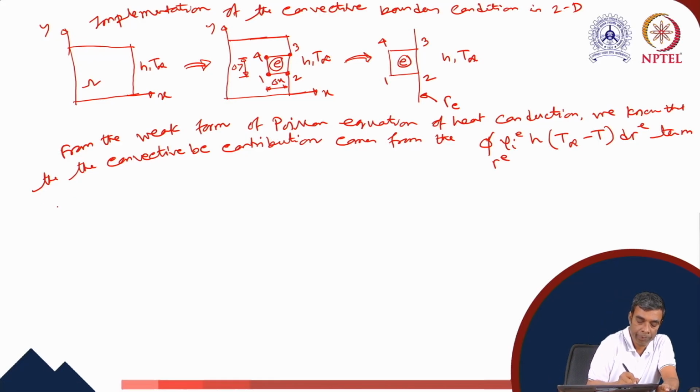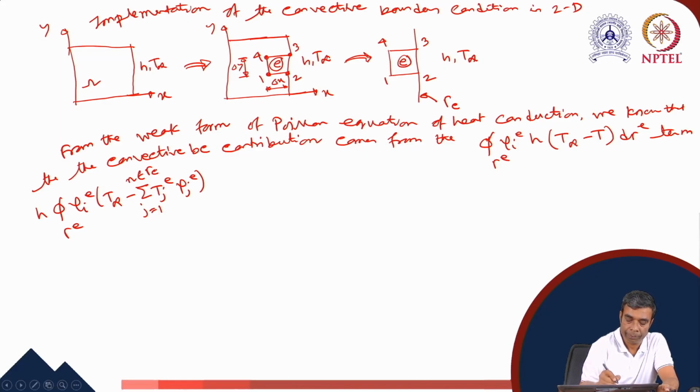Now, for integration along gamma E, we take h as constant: psi I E times T infinity minus the summation of T j E psi j E, j equals 1 to n, thus belongs to gamma C, d gamma E.